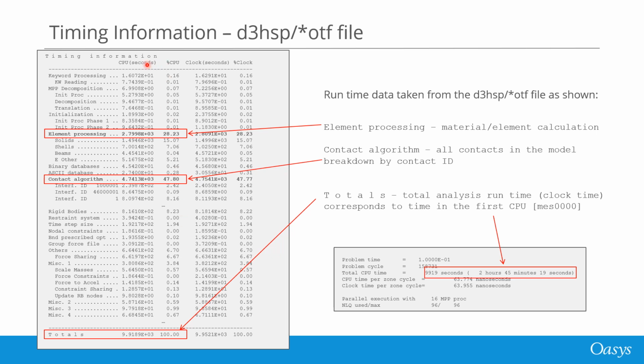The timing information here gives the list of items spent on each of the activities that LS-DYNA is performing during the model runs. The timing information is given in terms of the CPU seconds or percentages. This is something that you need to look out for and use this as a measure to benchmark the quality of the model.